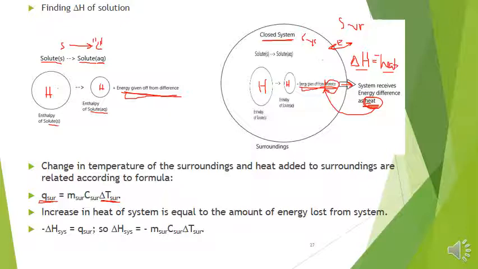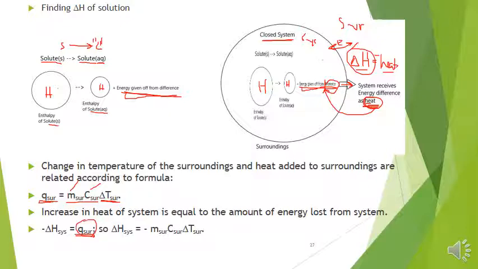So if you add heat to the surroundings, the temperature is going to go up, and we can use this formula. M stands for the mass of the surroundings. C is the heat capacity. I just said over here that this enthalpy change is equal but opposite to the heat that's given off or absorbed.